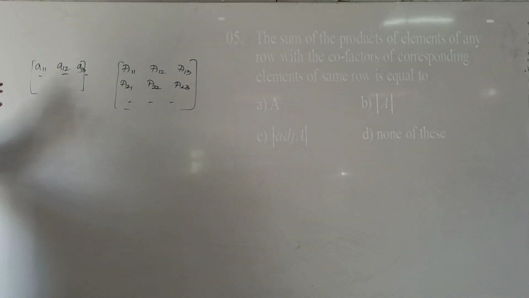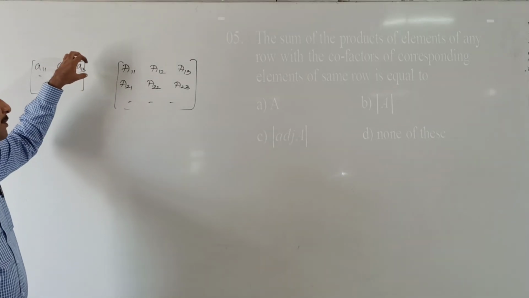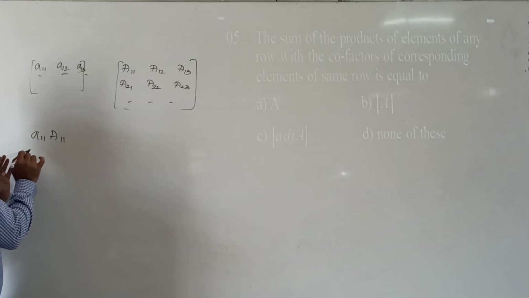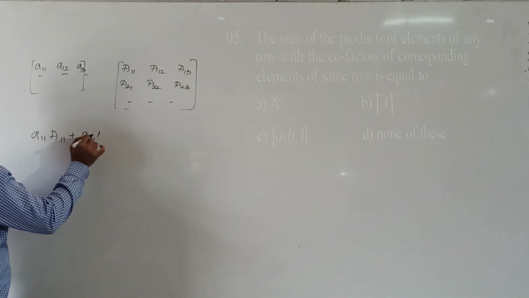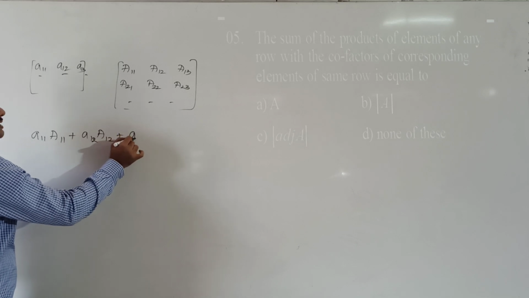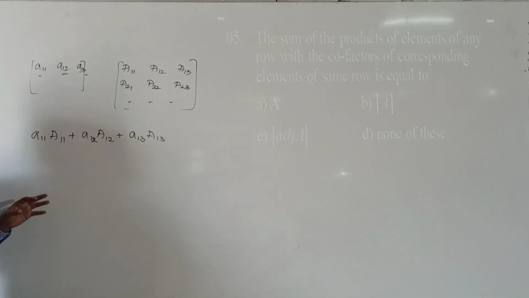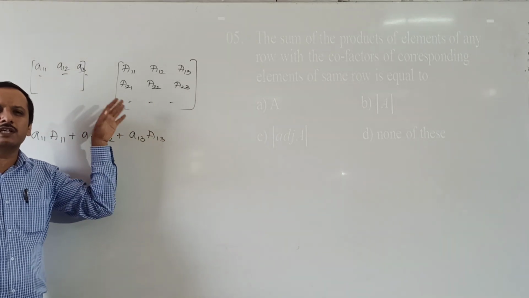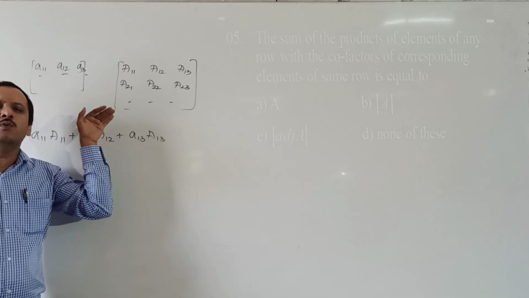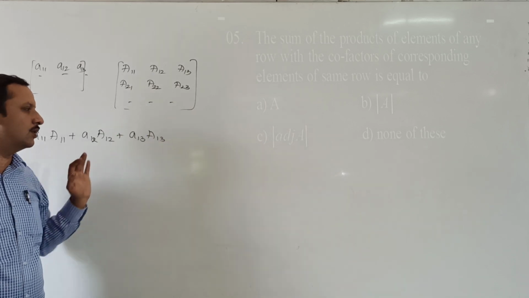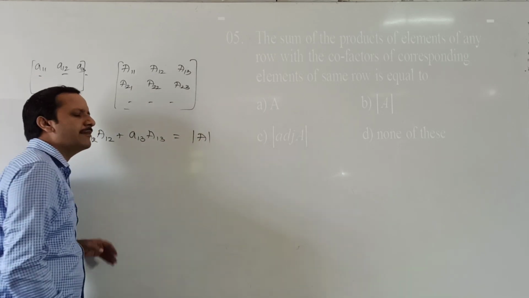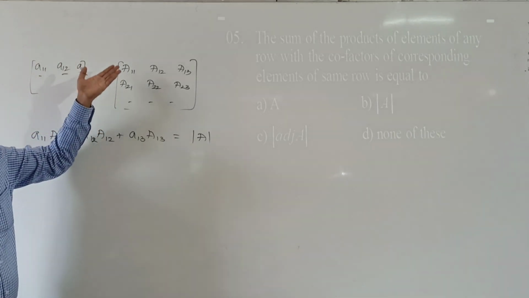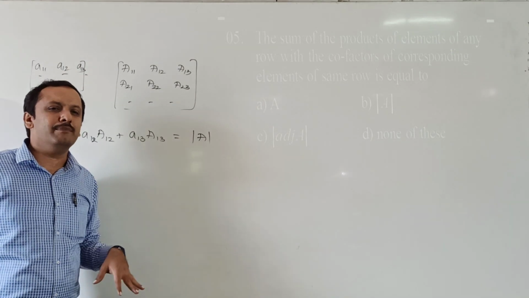If I multiply the elements of any row with the corresponding cofactors of the same row and add, that is, a11 into A11 plus a12 into A12 plus a13 into A13, the sum of the products of the elements of any row with the corresponding cofactors of the same row will always be equal to determinant of A. But if I multiply these elements with the corresponding cofactors of any other row and add them, that sum will be equal to 0.